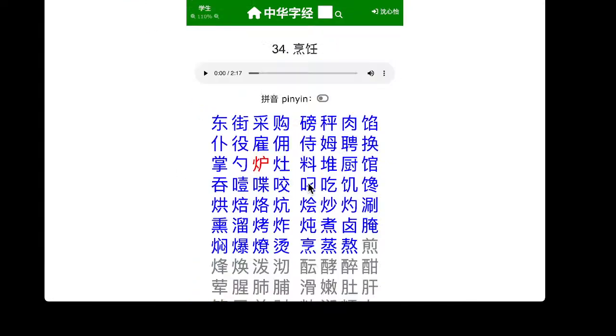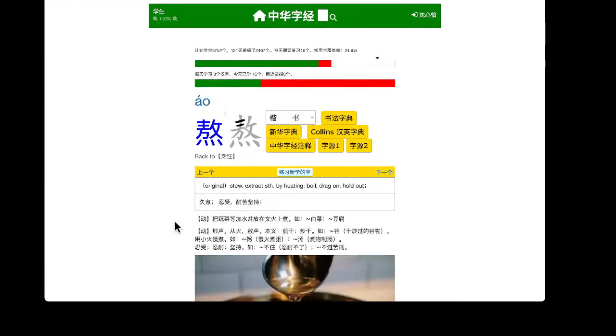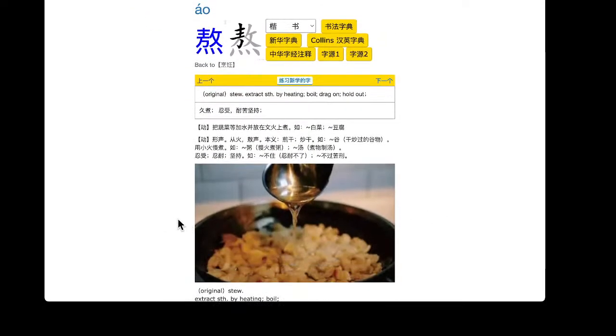Let's see. Okay, 熬 means stew. Now, when you say 熬, it has a meaning of extract. Okay, when you say 熬, you always have a meaning of extract. It's basically a way of slow cooking.